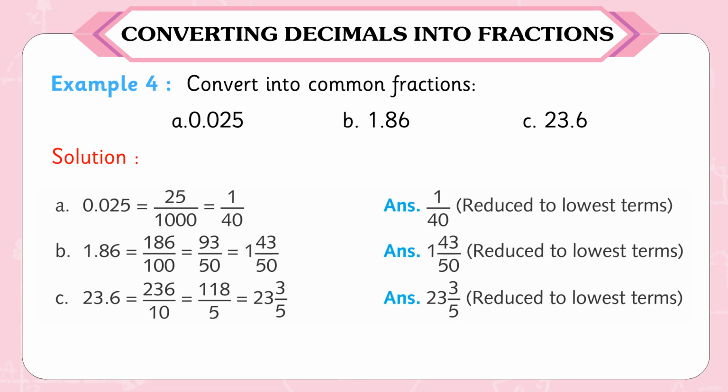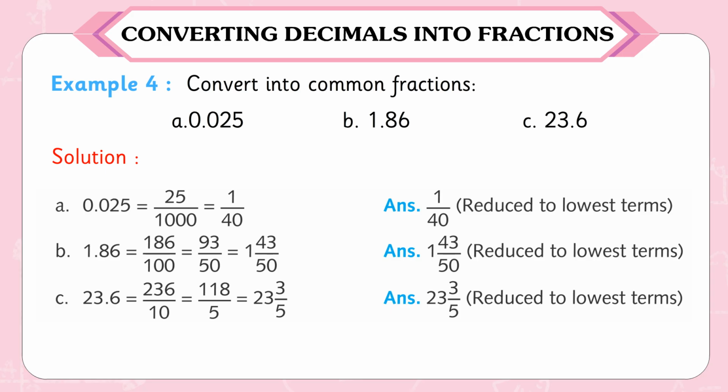Solution. A. 0.025 is equal to 25 upon 1000, which is equal to 1 by 40. Answer. 1 by 40, reduced to lowest terms. B. 1.86 is equal to 186 upon 100, which is equal to 93 upon 50, which is equal to 1 whole 43 upon 50.